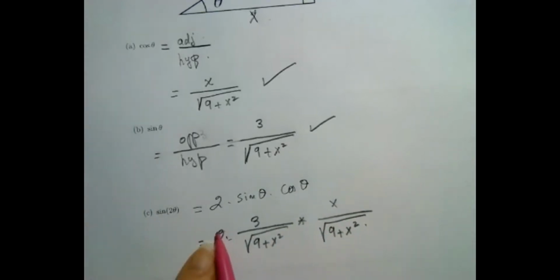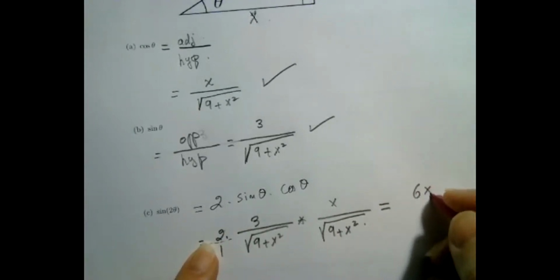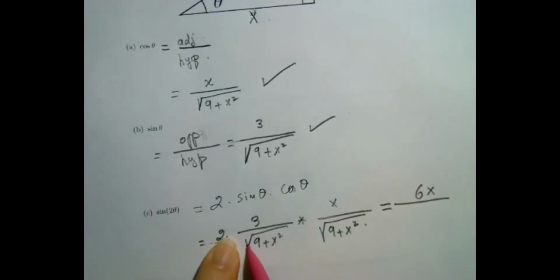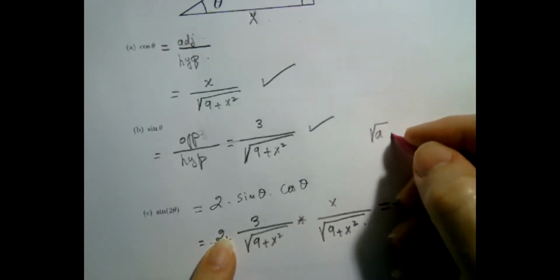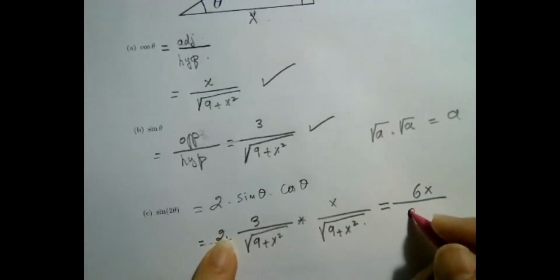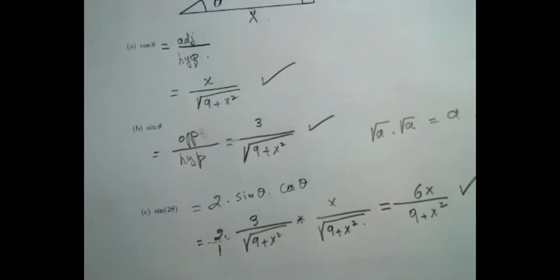You multiply all the numerators together: 2 times 3 times x gives you 6x, divided by the square root of 9 plus x squared multiplied by the square root. Usually if you have the square root of any number, you multiply it by the square root of the same number, this basically gives you the number back. So the square root of 9 plus x squared times this will simply give you 9 plus x squared. That's the simplification.